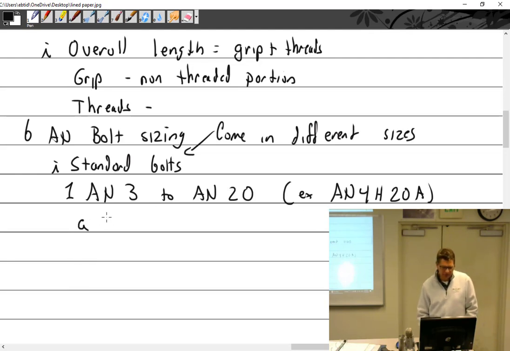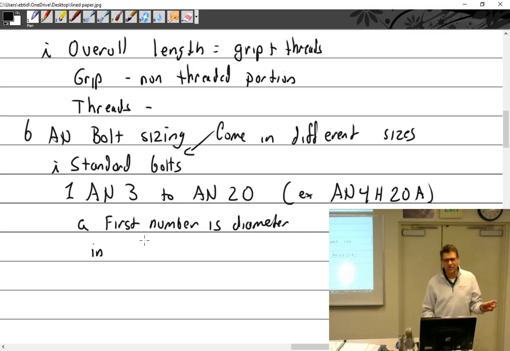So looking at that, the first number is diameter. What is a rivet diameter in? 32nds. Okay, so just take whatever rivet is. Since you know what rivets are, just double it.